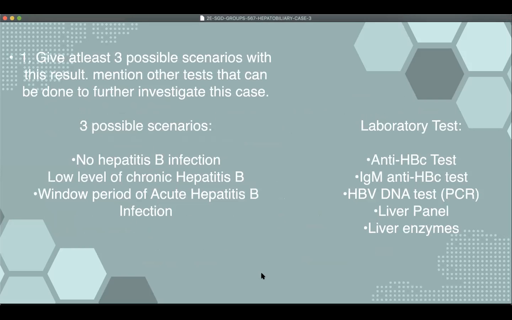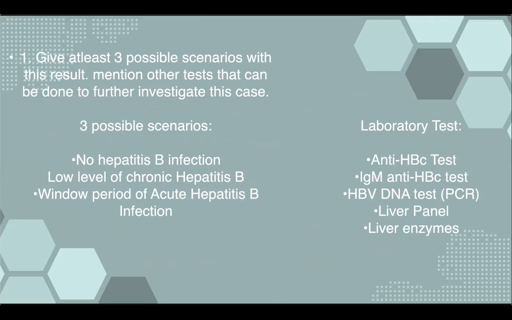For guide question number 1, give at least 3 possible scenarios with this result, and mention other tests that can be done to further investigate this case. The 3 possible scenarios: first, no hepatitis B infection. Second, a low level of chronic hepatitis B. Third, the window period of acute hepatitis B infection.